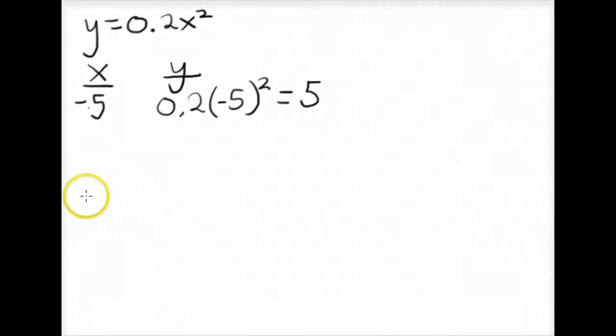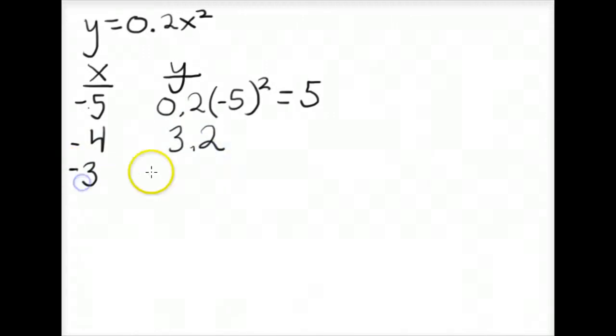So you would continue doing this for different values of x. If we plug in negative 4, you end up getting 3.2. Negative 3, we'll get 1.8.